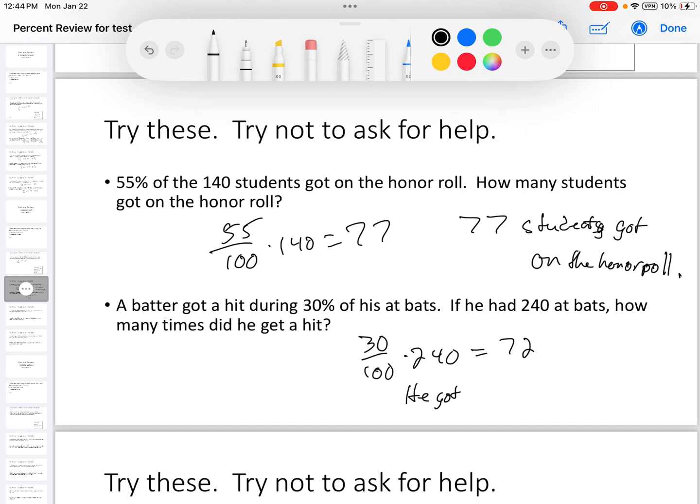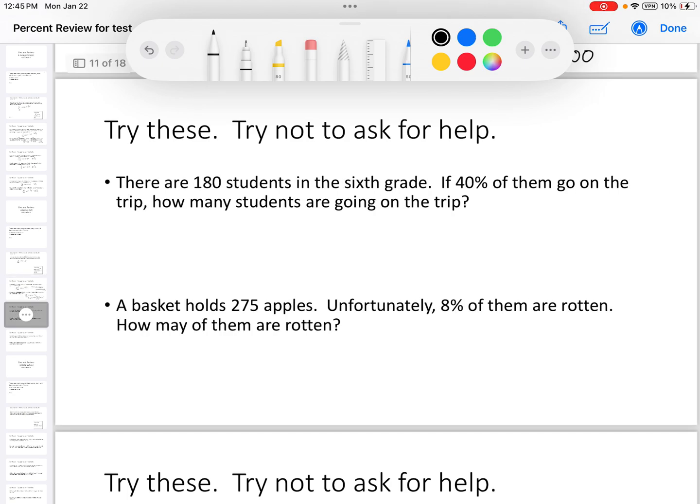He got a hit 72 times out of 100. All right, next page. 40%, 40 over 100 times 180. 40 divided by 100 times 180 is 72. 72 students are going on the trip.